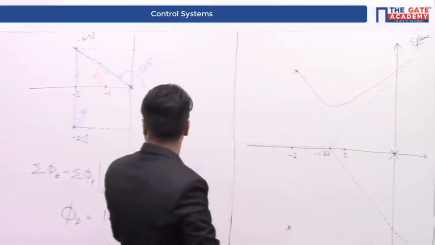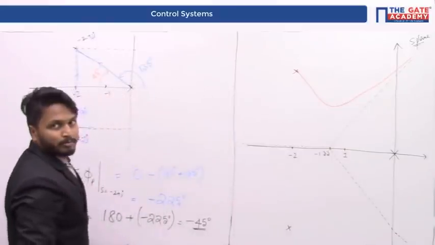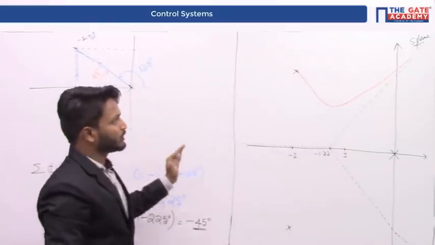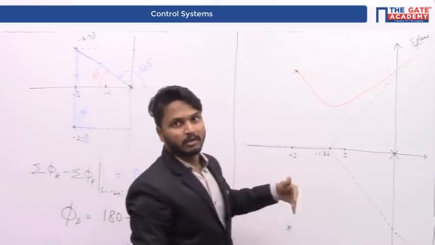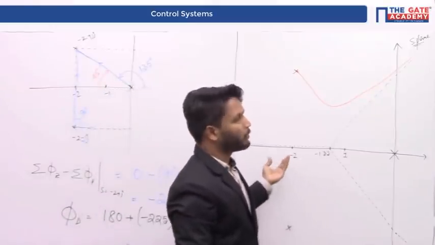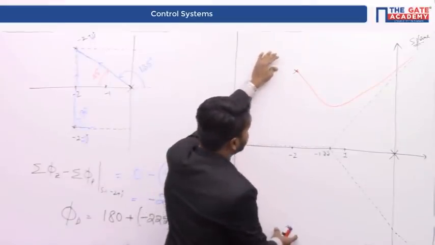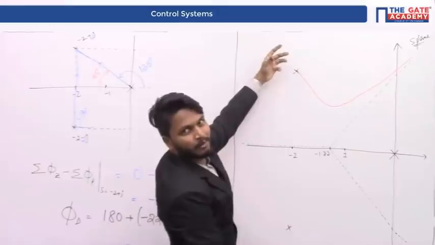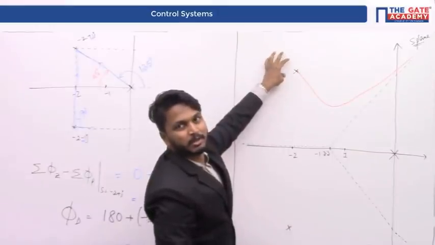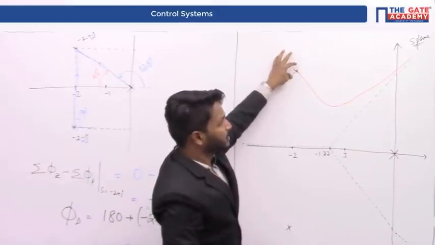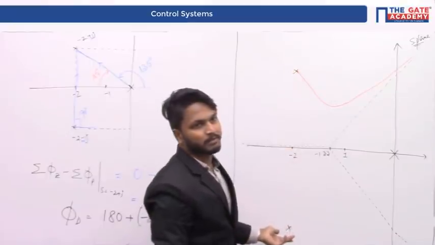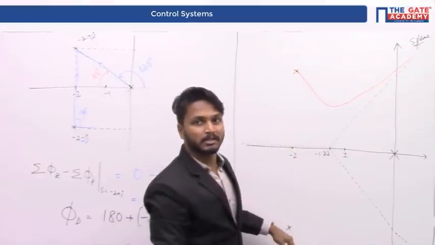So now look at the other pole. You already know that root locus is always symmetrical about the real axis. If it is symmetrical about the real axis, the angle of departure for this particular pole is going to be the negative of angle of departure for this particular pole. If it is minus 45, the angle of departure for this particular pole should be plus 45.